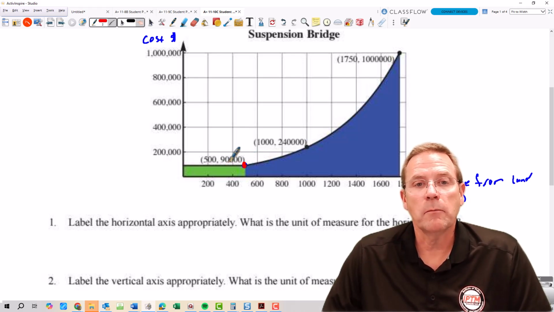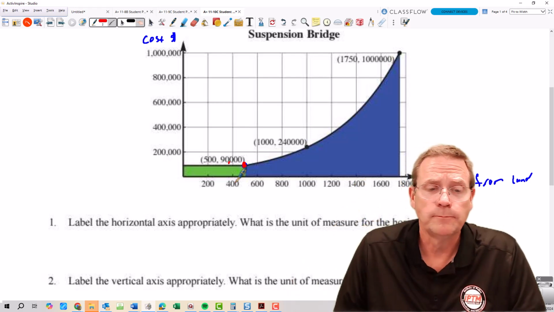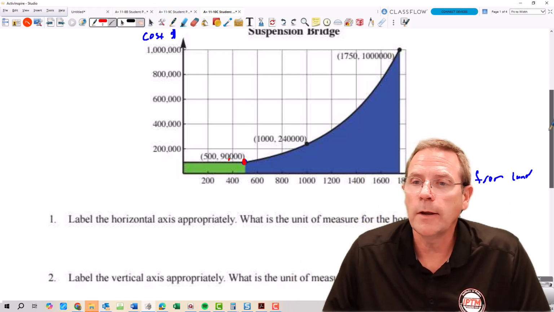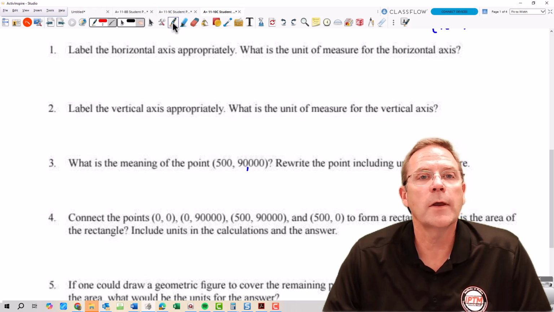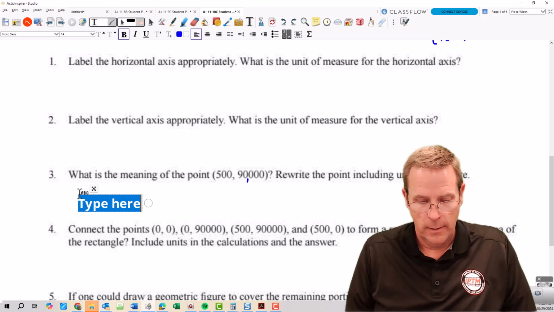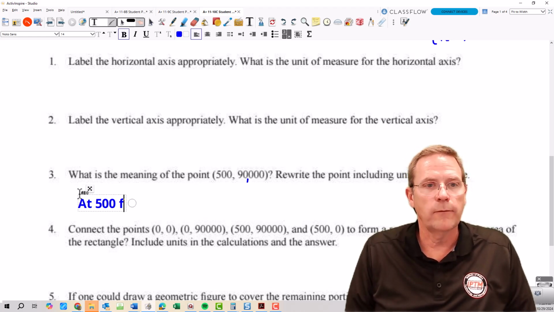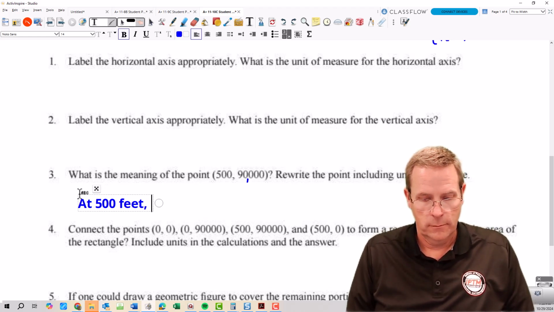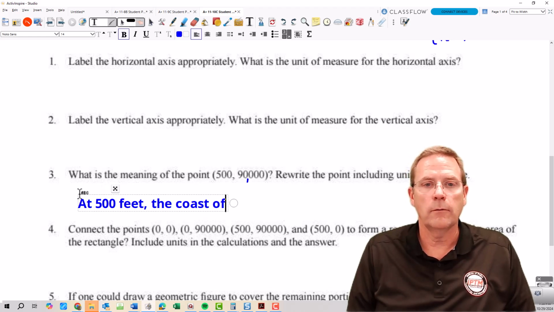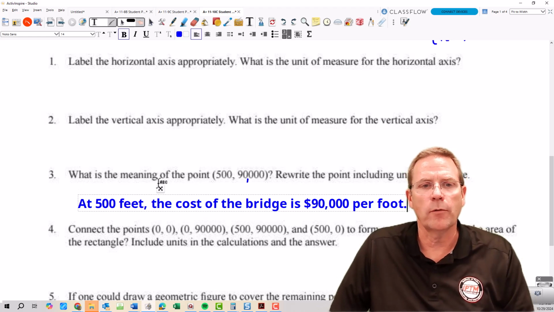Really think about that. $90,000 for that much bridge. Wow. So we've answered part C, we will type it in right here, saying in text that at 500 feet, the cost of the bridge is $90,000 per foot.